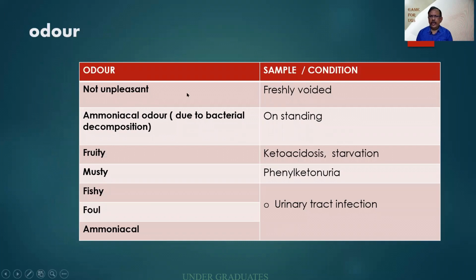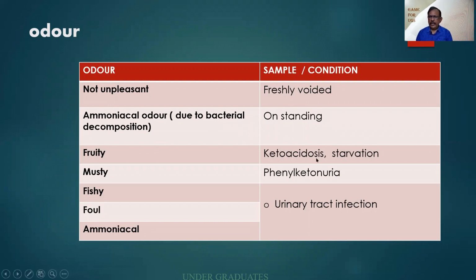And what is the odor of urine and its importance? Some books give it as pleasant. I will not agree with that. So I mentioned it as not unpleasant when freshly voided. But on standing, it develops an ammoniacal decomposition odor.